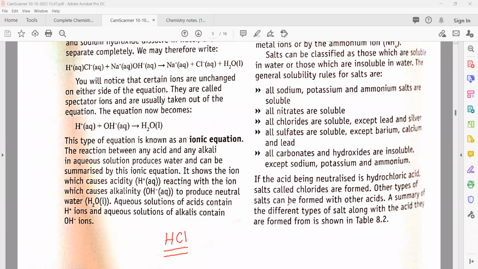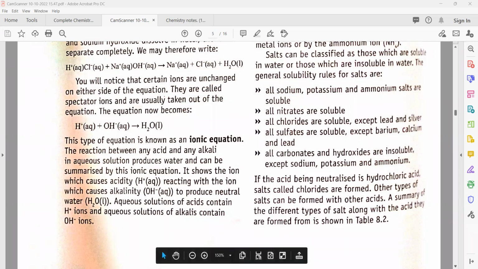Other types of salts can be formed with other acids. A summary of the different types of salts along with the acids they are formed from is shown in Table 8.2. Let's go towards this and see the types of other acids.